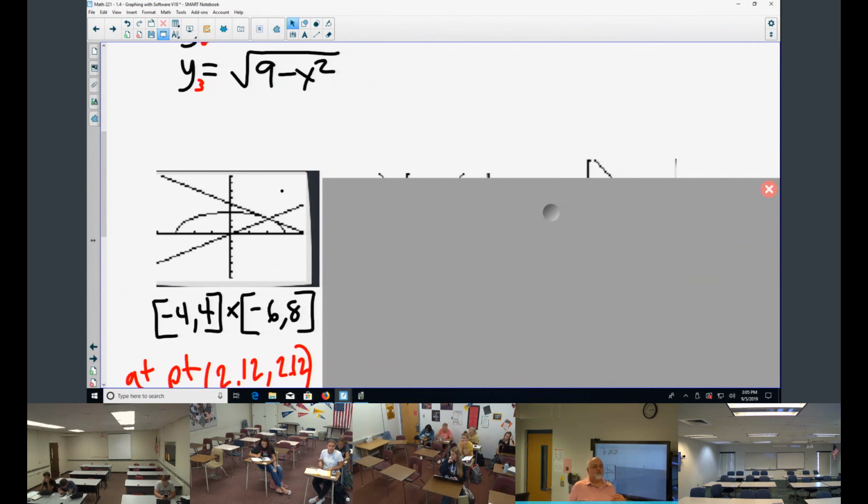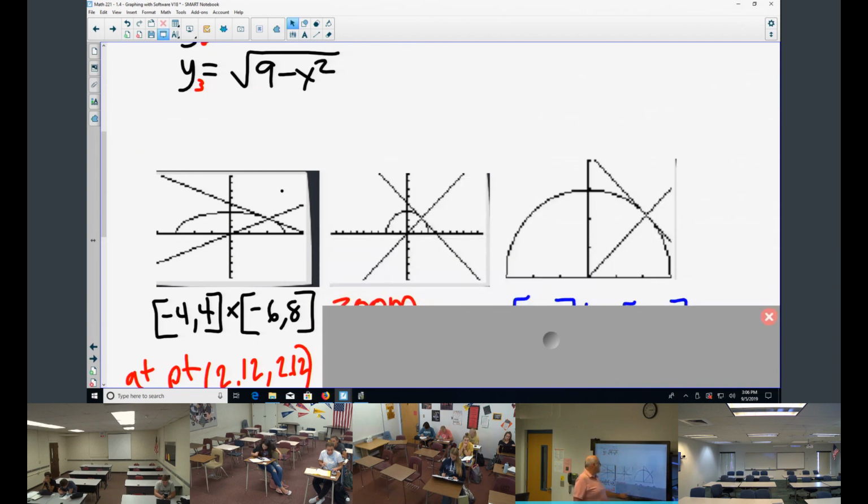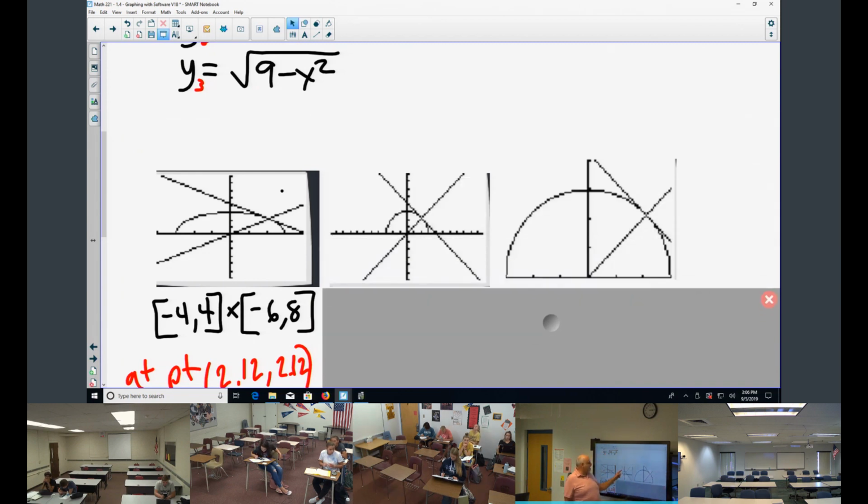Okay, so this is what I'm trying to teach from this practice problem, is that when you're trying to look at the graph and try to see any kind of relationships, don't use the standard viewing window. You want to use zoom square, because things like the fact that these lines are perpendicular, they don't look perpendicular here.